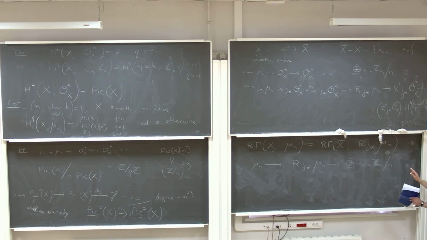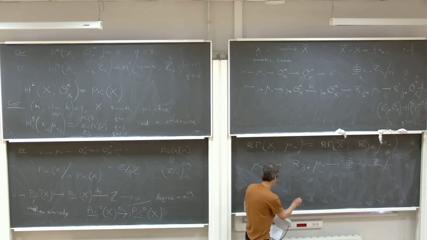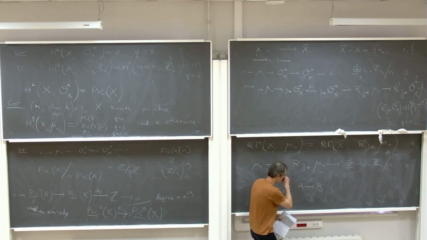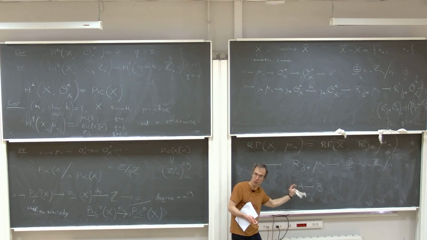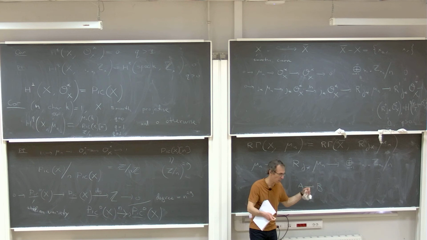So this is what's called a distinguished triangle in the derived category, right? So if you have a complex with two homology groups, first of all, it's quasi-isomorphic to a complex of length 2. There is a truncation, left truncation, right truncation, which gives you a quasi-isomorphism.